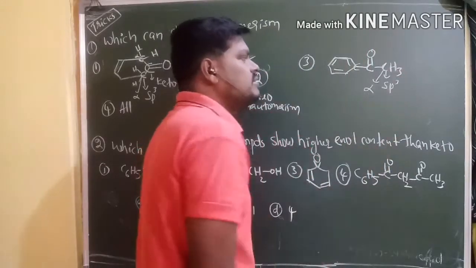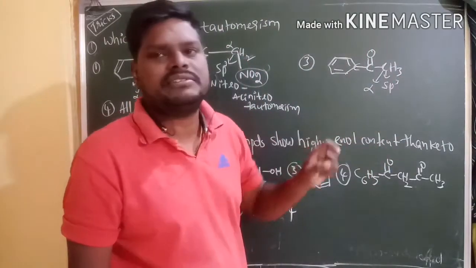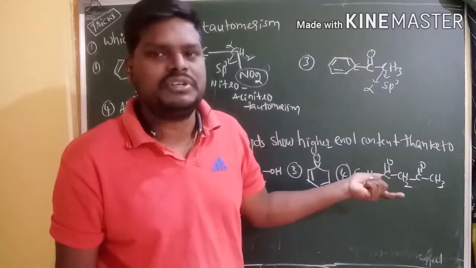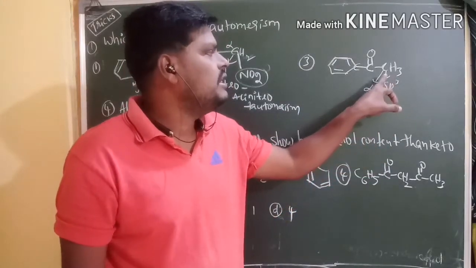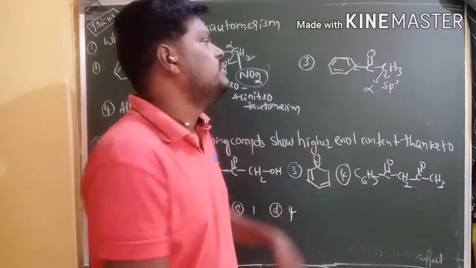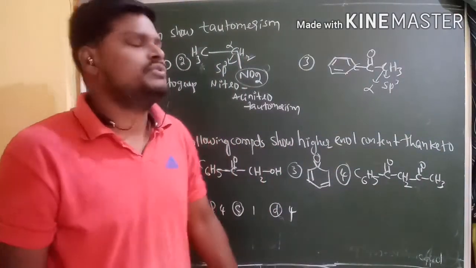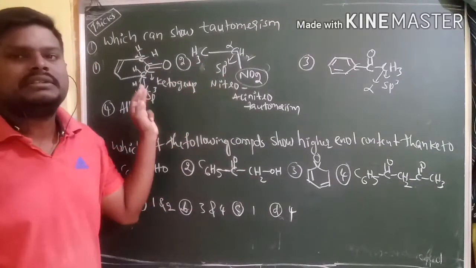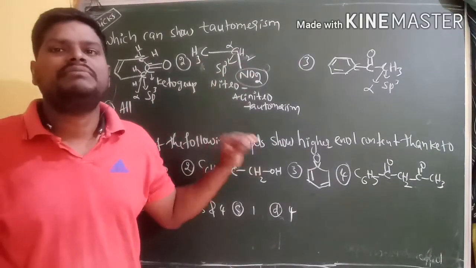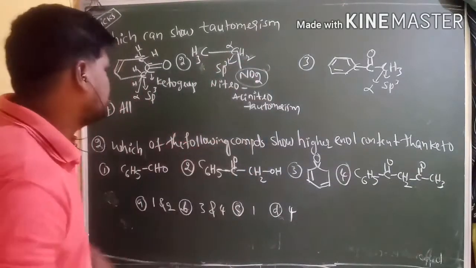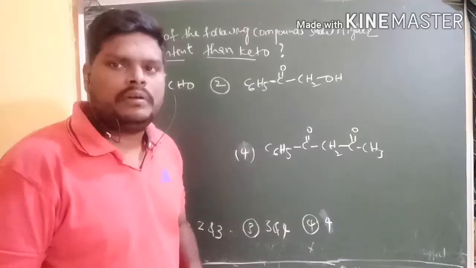It has three hydrogens, which act as alpha hydrogens. So it is also involved in tautomerism. That's why 1, 2 and 3 all show tautomerism, and the fourth option is correct.